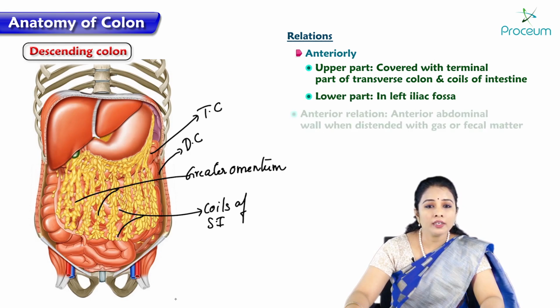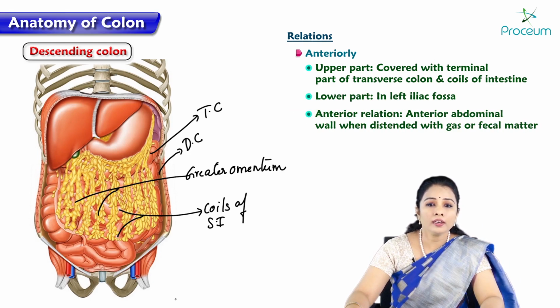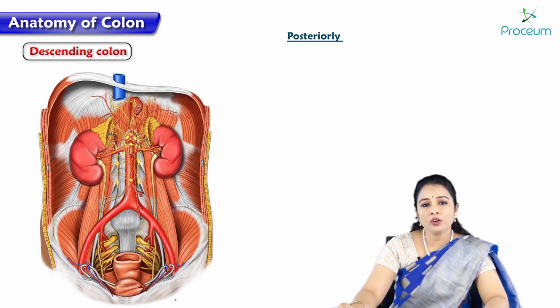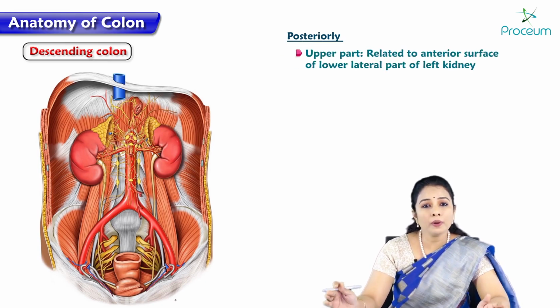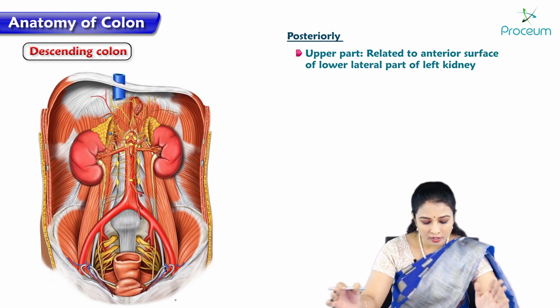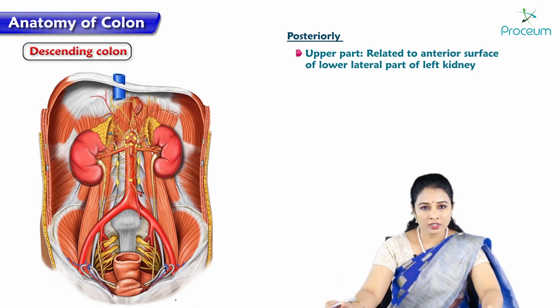So it is related anteriorly to the anterior abdominal wall. When distended with gas or fecal matter, it can be palpated above the inguinal ligament. Posteriorly, the descending colon is related to upper part of anterior surface of lower lateral part of left kidney. So, here in this image, the colon and small intestine is removed to expose the posterior relations.